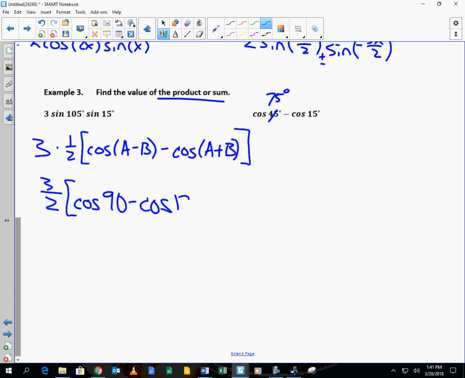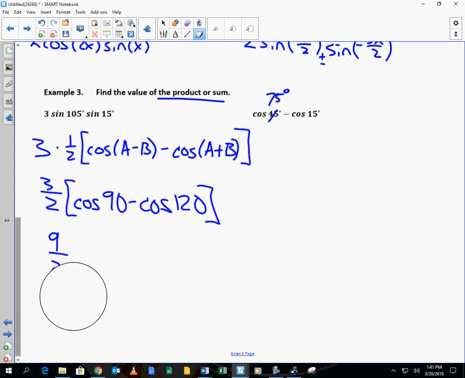Who here knows what the cosine of 90 degrees is? It is 0. Very good. The terminal point is 0, 1, and cosine is the x value. So you therefore have, hey, stop, stupid board. Okay, smartboard is angry. How about the cosine of 120? We locate that terminal point.